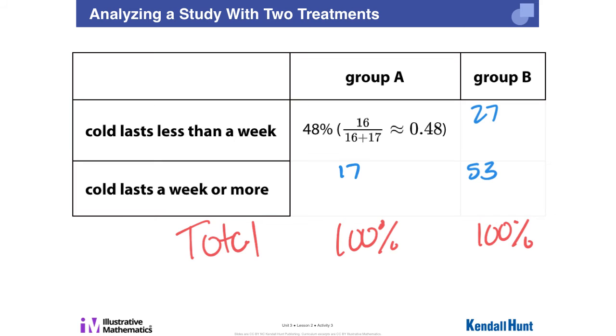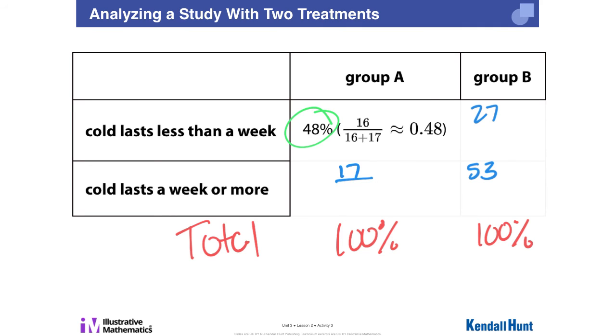Next, we're going to look at, what if we look at the total of how many in Group A had a cold that lasted less than a week or a week or more. So now I put my totals at the bottom because I want my columns to add up to 100%. So for this one, we took 16 divided by the total of that column, 16 plus 17, and I got 0.48 or 48% for the relative frequency.